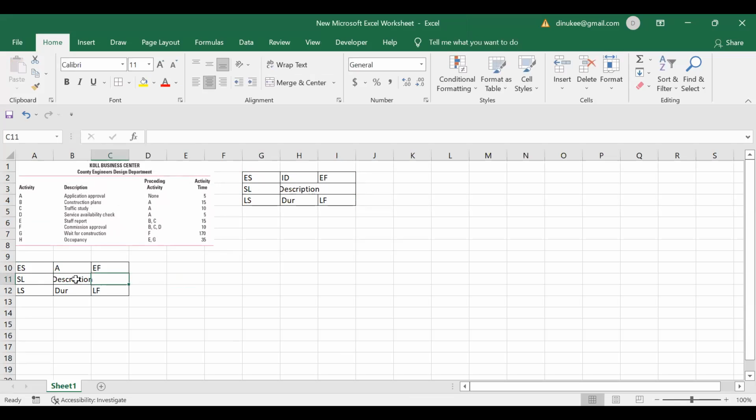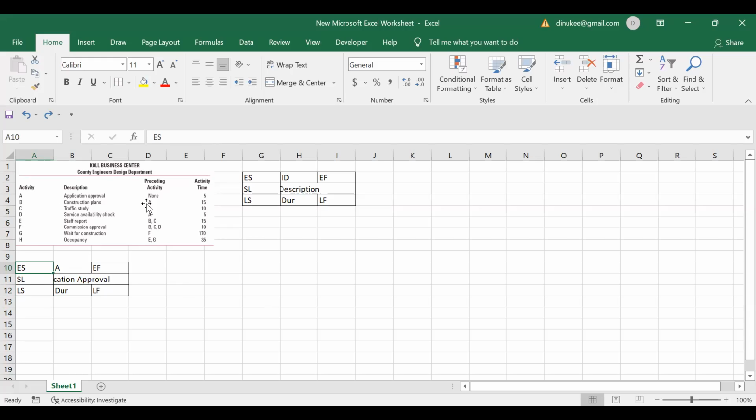And the description for that is application approval. And the early start and those things I will calculate later.